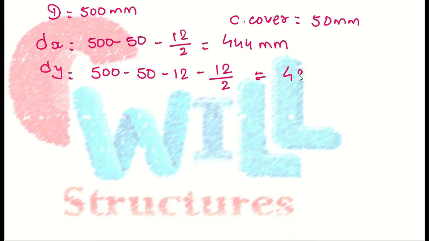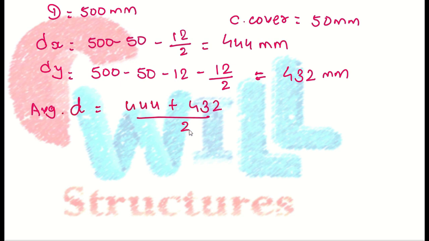And the value here is 432 mm, correct? So whatever effective depth we are taking here, dx is 444 mm and dy is 432 mm. And of course we will require here the average depth, so let me just calculate my average depth, and that is 438 mm.